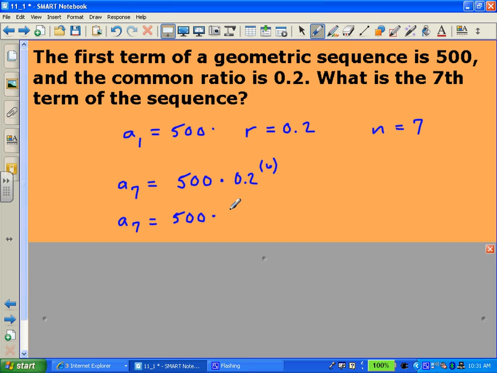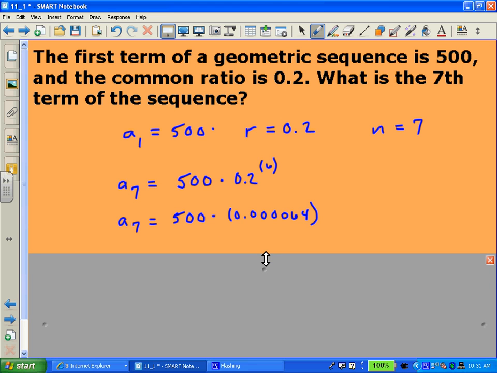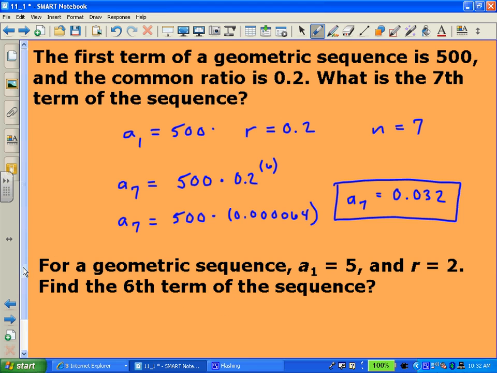So sorry about that. 0.00064. Okay? And then I times that by 500. And that ends up with 0.032. So that is my seventh term of that sequence.